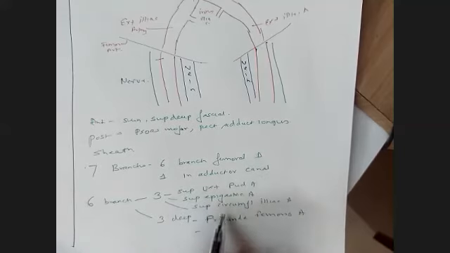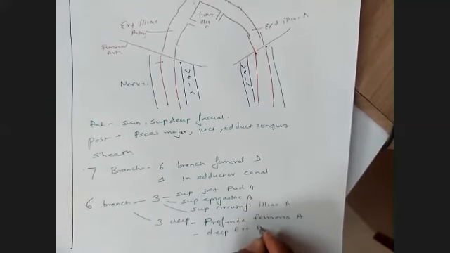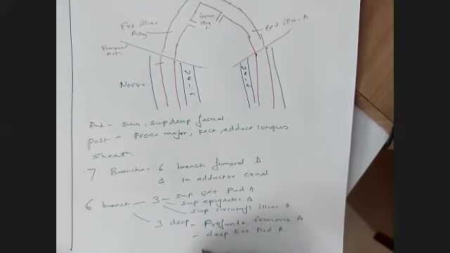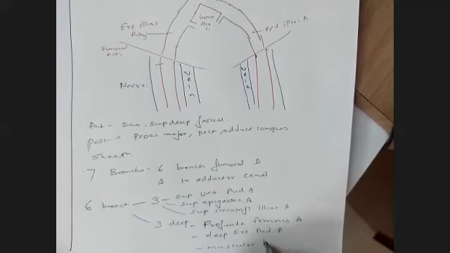Then here we have superficial external pudendal. Then there is a deep external pudendal. This also supplies the genitals, deep external pudendal artery. And then there are muscular branches.